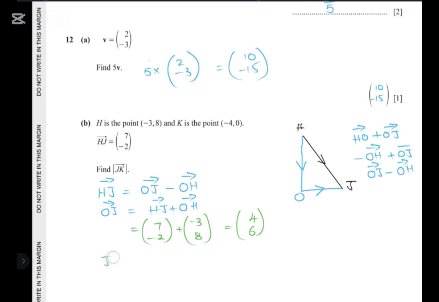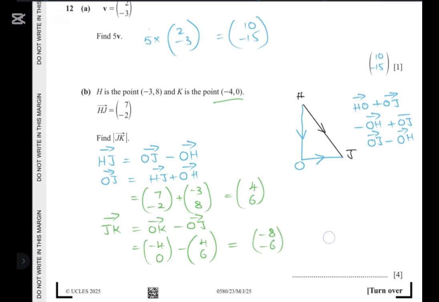So JK will be OK minus OJ. Find out what OK is. They have given us (minus 4, 0). This is OK. And OJ we found out just now, (4, 6). Minus 4 minus 4 is minus 8. 0 minus 6 is minus 6. This is JK.